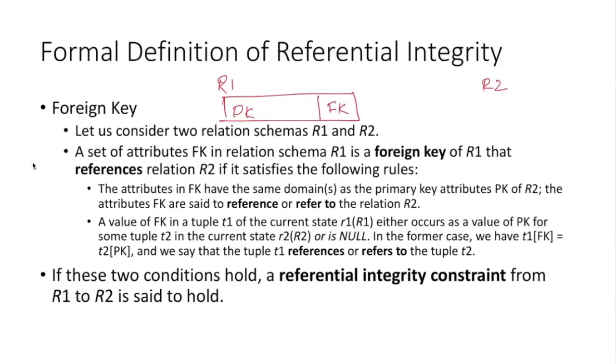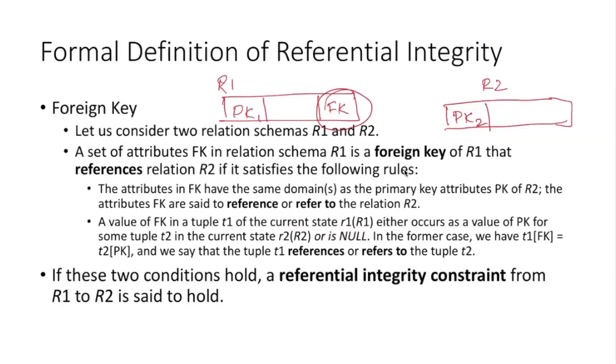A set of attributes Fk in relational schema R1 is a foreign key. So this one is my foreign key in R1 and it refers to relation R2. How does it refer? Here I will have a primary key. This is primary key 1 for relation 1 and this is primary key 2 for relation 2. So a set of attributes Fk in relation schema R1 is a foreign key of R1 that references relation R2 if it satisfies the following rules.